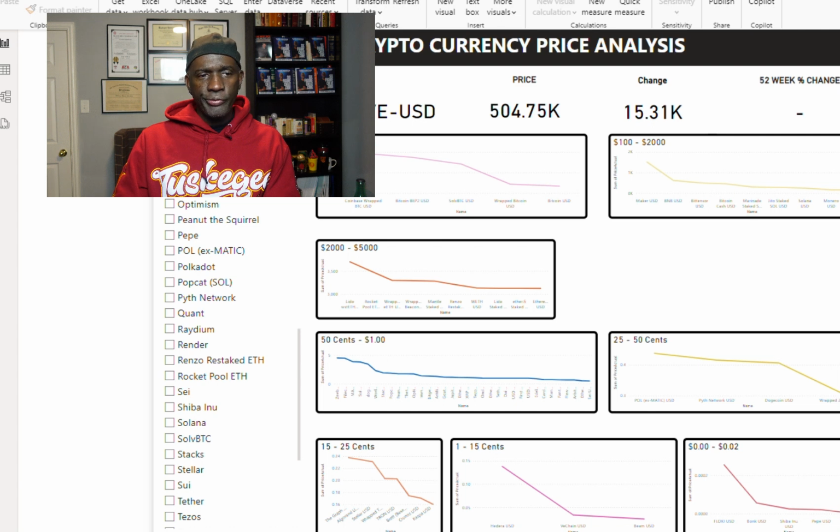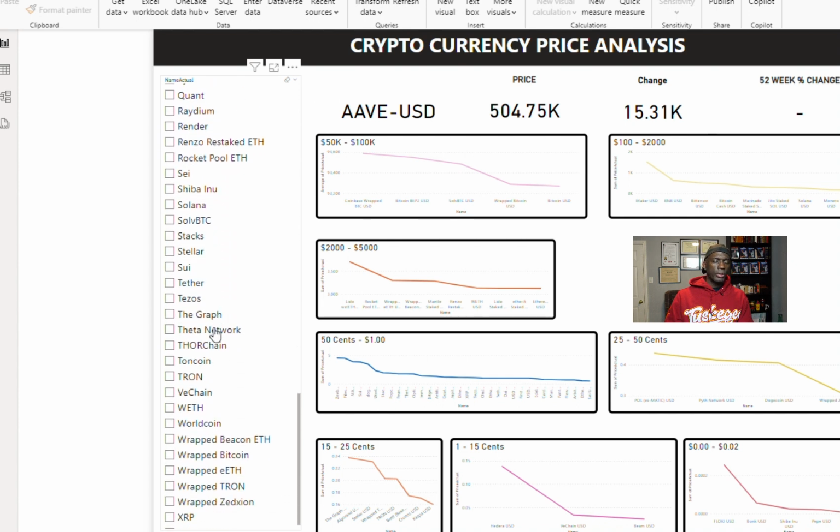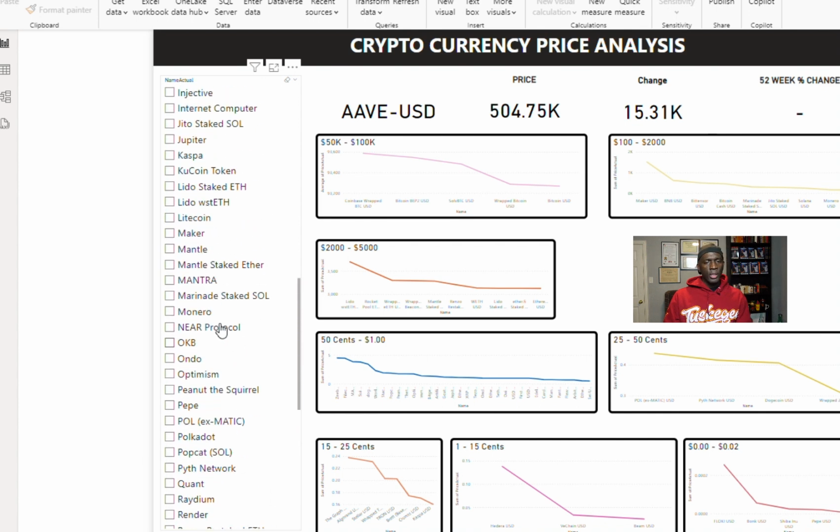We're currently in report view, looking at two visualizations: a line chart and a slicer. The slicer shows us the cryptos being used in this report.